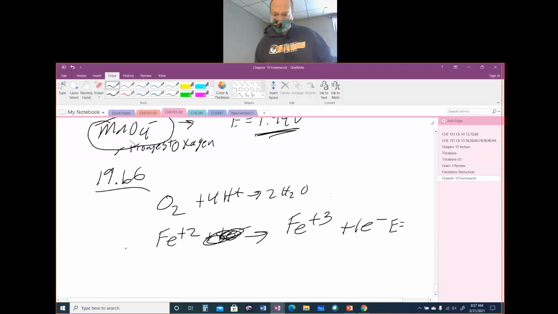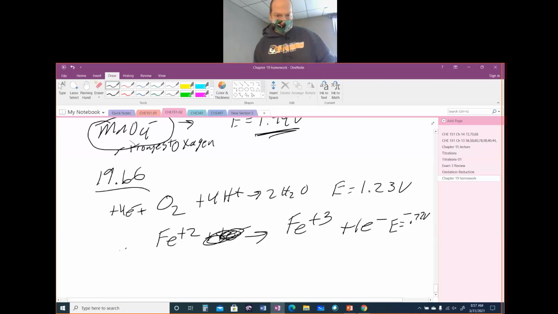Of course, you don't need to memorize these. These are on table 19.1. Your E value here is 1.23 volts. Your E value here is negative 0.77 volts.